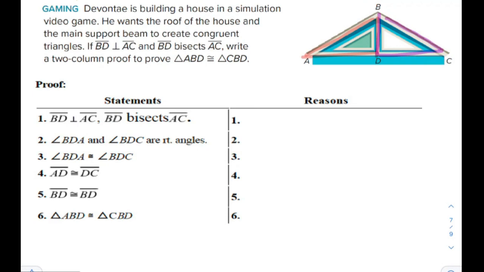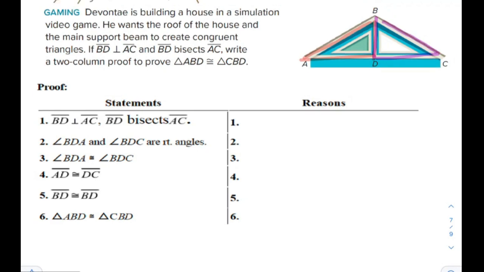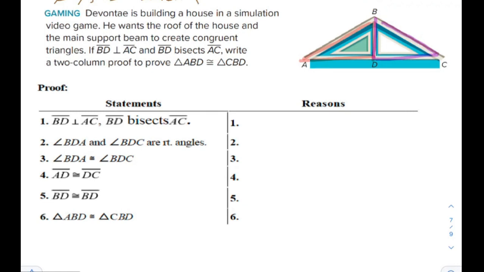So we will start to use the given information here. If BD is perpendicular to AC and BD bisects AC, we are going to copy this statement here, and this is given. We are not concluding anything. It's not a conclusion from us. It was given before. Then, what is the conclusion?